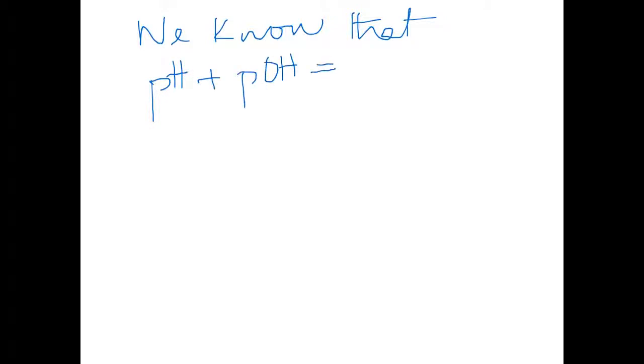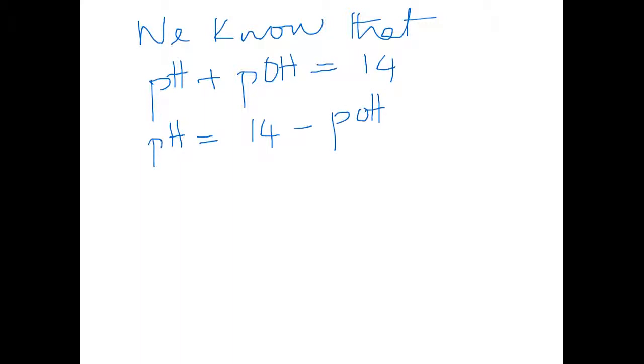We know that pH plus pOH is equal to 14, or pH is equal to 14 minus pOH.